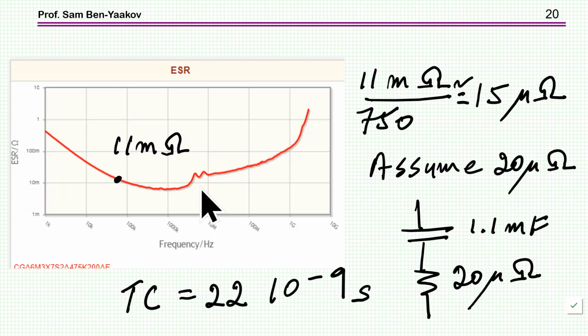What about the ESR? For this particular capacitor, it's 11 milliohms, and therefore the resistance of all these capacitors in parallel is 15 microohm. I'm going to take 20 microohm considering the interconnection, etc. So I have now a bulk capacitor of 1.1 millifarad, 20 microohm, and the time constant is 22 times 10 to the minus 9.